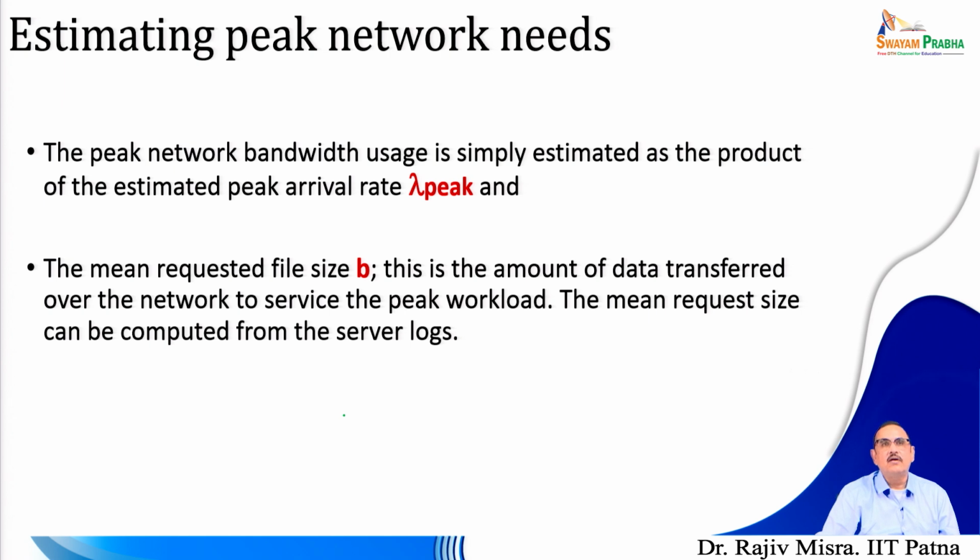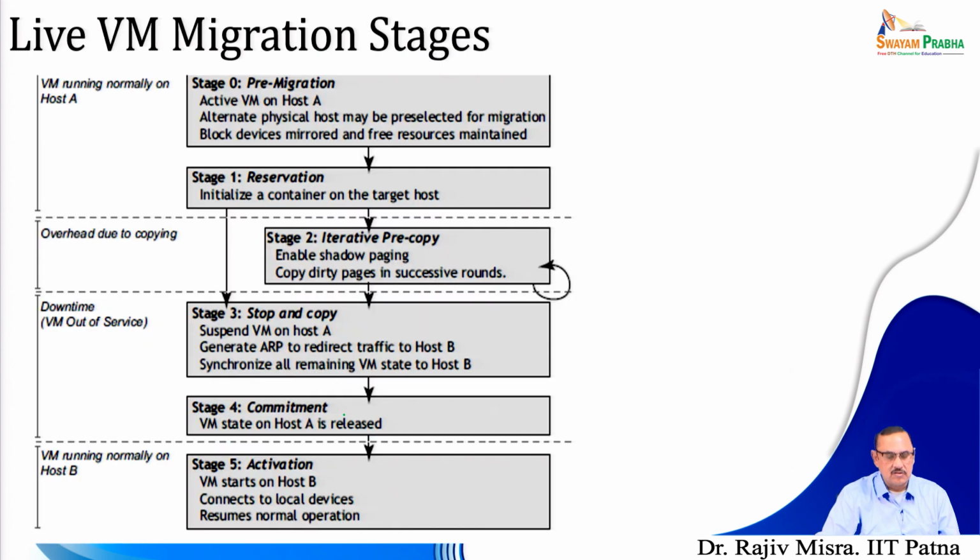Estimating the network needs, the peak network bandwidth usage is simply estimated as the product of the estimated peak arrival rate, that is lambda peak, and the mean requested file size B, which is the amount of data transferred over the network to service the peak load. The mean request size can be computed from the service logs.